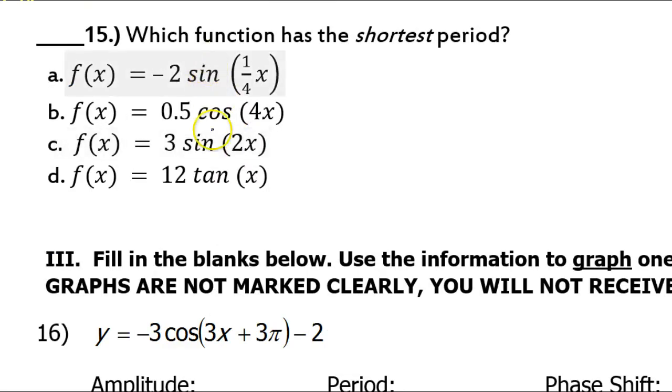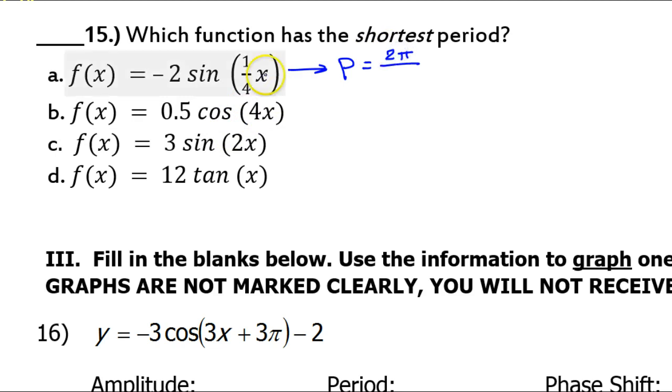Now let's compare these functions just based on the equations that were given. Which function has the shorter period? Let's just go through and calculate the period in each case. For this first one, the period is always going to be the normal period divided by the b value.